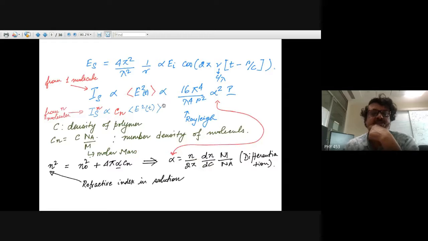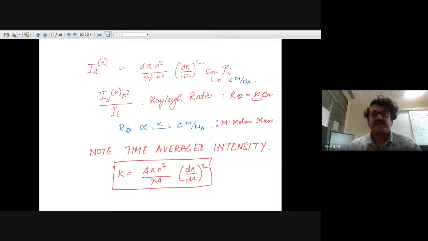And this expression for alpha, you substitute here in this expression for the scattered intensity, which depended, of course, on the incident intensity. So you substitute it there, and what you get is that the scattered intensity depends upon 4 pi over lambda to the power 4, Rayleigh scattering, r square, n square, where n stands for refractive index, square, (dn/dc) whole square, Cn the number density, and this Cn in turn depends upon the density and the molecular weight.